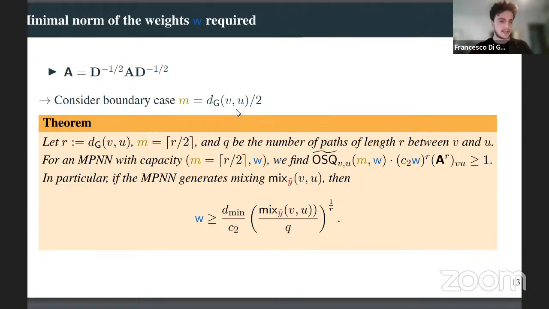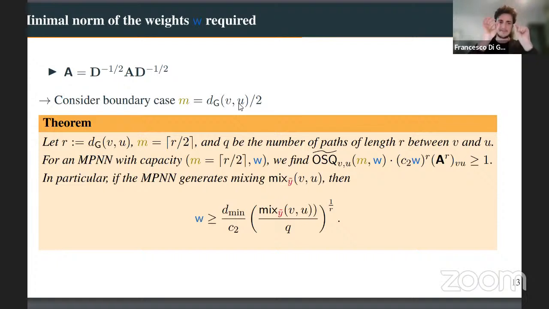We have two nodes, V and U, and we take the number of layers to be half the distance. Remember why this is a boundary case: this is the minimal depth needed for your model to exchange any information between the nodes V and U. If the depth was smaller than this number, you would have underreaching and no information whatsoever would travel from V to U. No mixing would happen. So let's look at this boundary case.